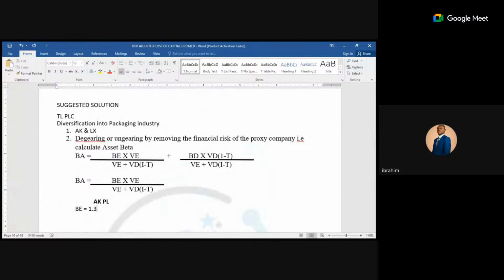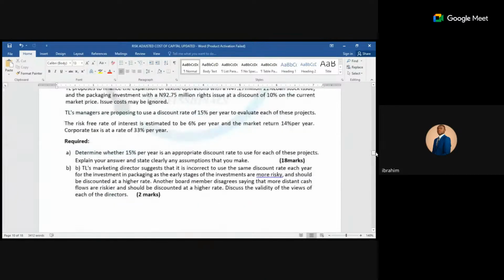Then the value of equity. You can see that in this question, we're not given the value of equity directly. Don't forget that this is for the proxy company.